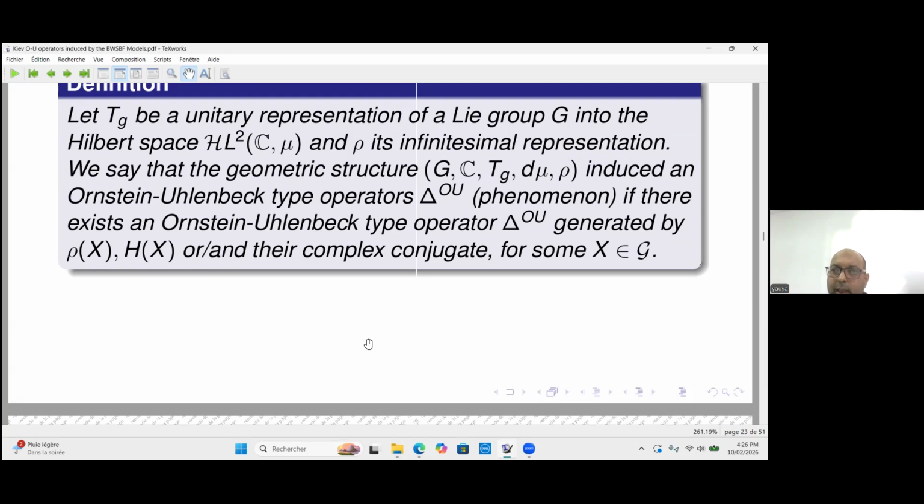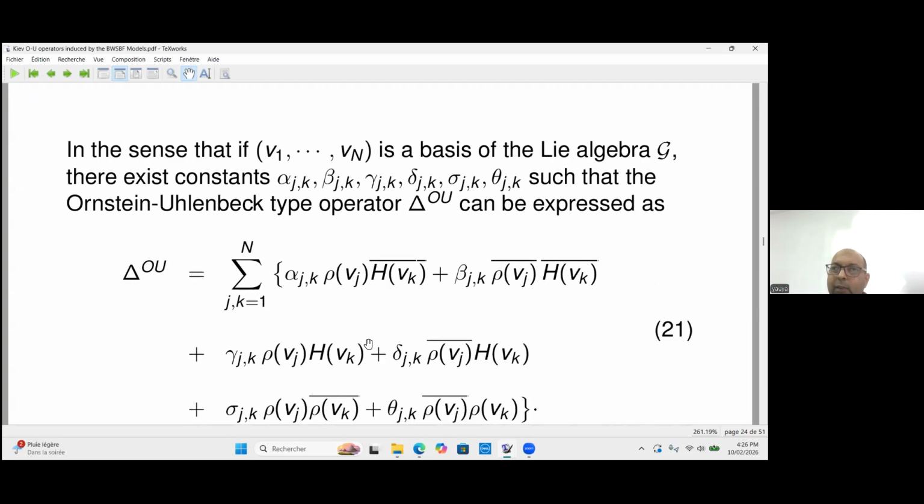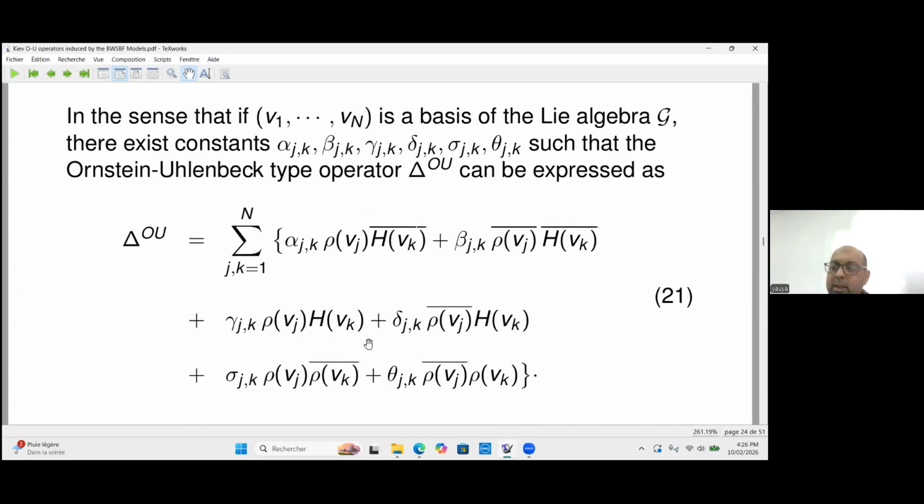So, in the sense that, because here we work with finite dimensional Lie groups, the dimension of the Lie algebra is equal to the dimension of the manifold, that is a result in geometry.